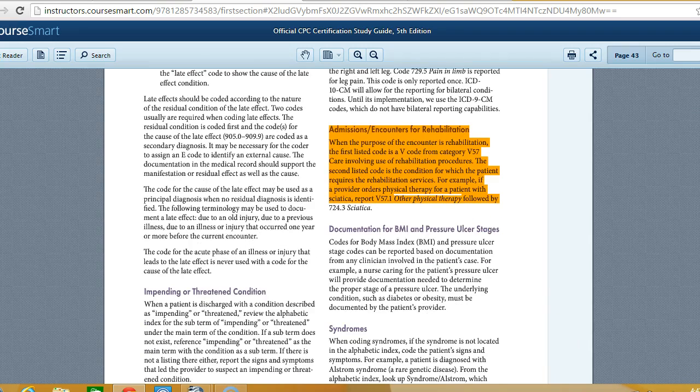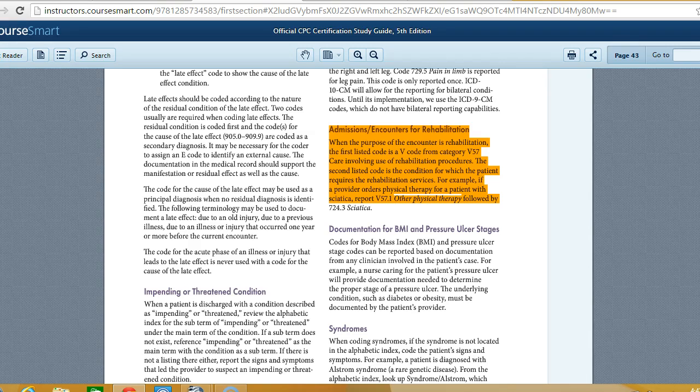Okay. Now also, remember that in order to fully identify a pressure ulcer, you have to list the site of the pressure ulcer as well as the stage. So right now in ICD-9, you have to list 2 codes. Let's say you had a decubitus ulcer of the sacrum, and you would code 707.03.